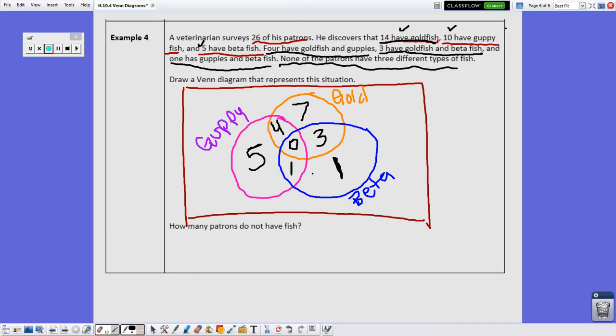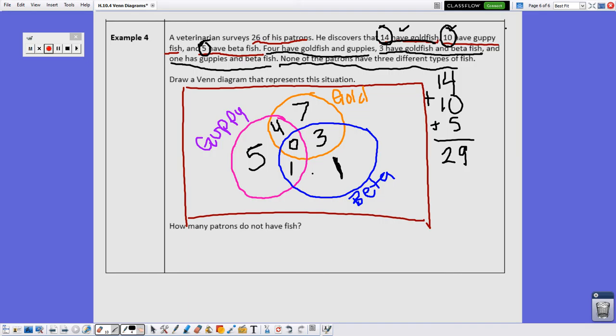So we need to add up all these circles. So let's start with the goldfish, because we know there's 14. And we just checked to make sure. So we know we have 14 goldfish, 10 guppy fish, and then we have 5 betta fish. Because I just checked, I can do that. So this is only a total of 29 fish.